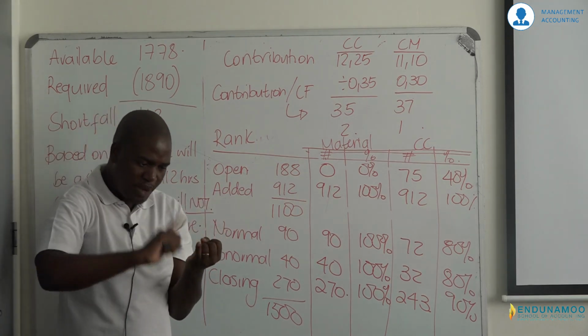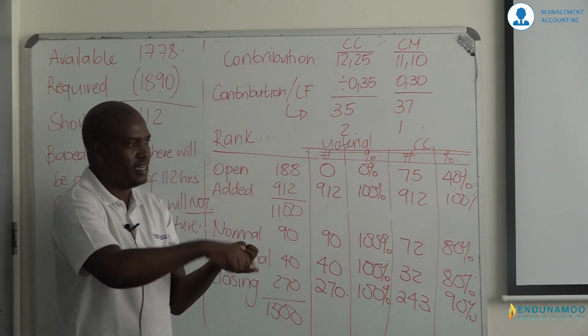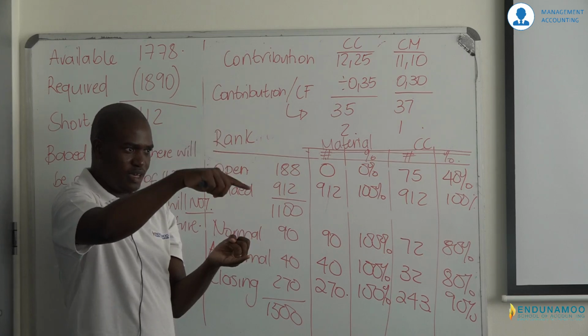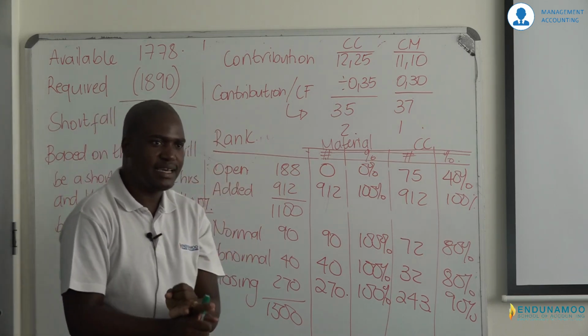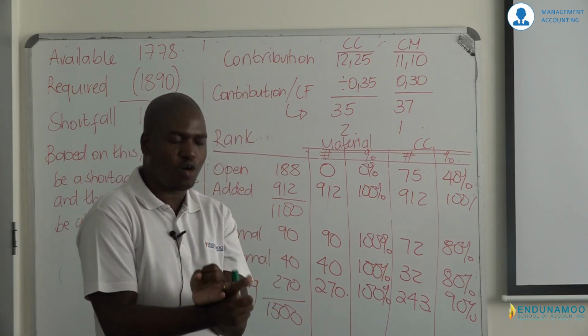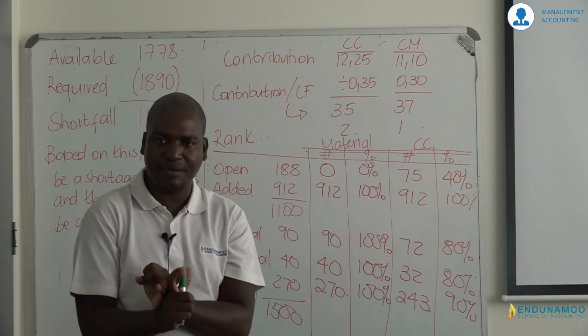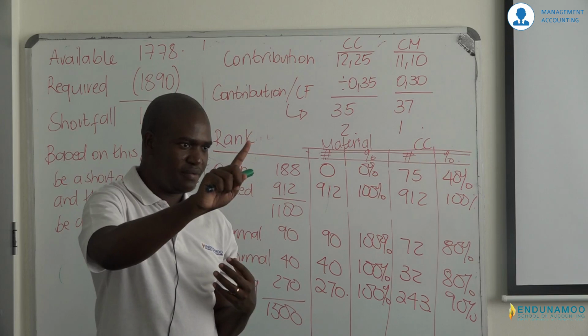So the opening stock, you check, did it pass the wastage point in the current year? Tick altogether. Then number 2, did the closing stock pass the wastage point in the current period? Yes, another tick altogether.